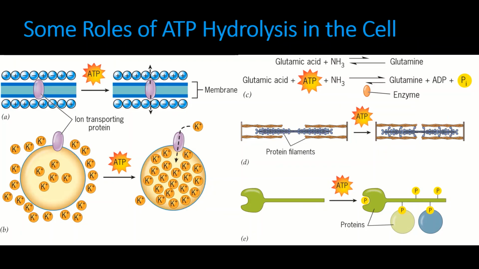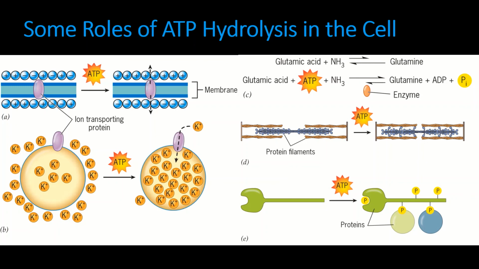So here are some of the roles of ATP in the cell. A while ago, we have seen how ATP is coupled with certain reactions that are not spontaneous so that the cell can make them happen. The cell may also use ATP, for example, in letter A, in maintaining the membrane potential, especially in neurons or nerve cells.